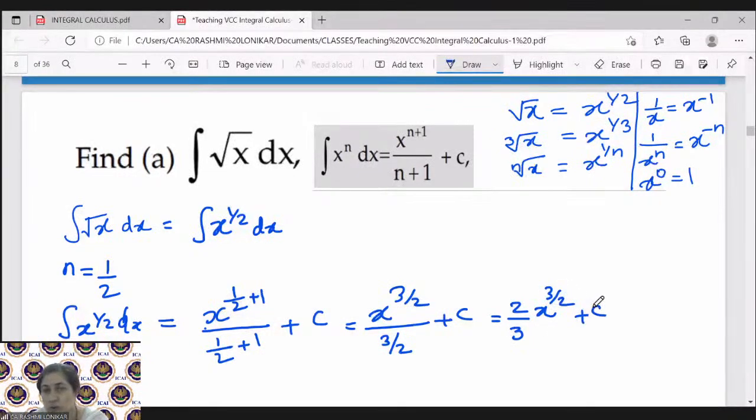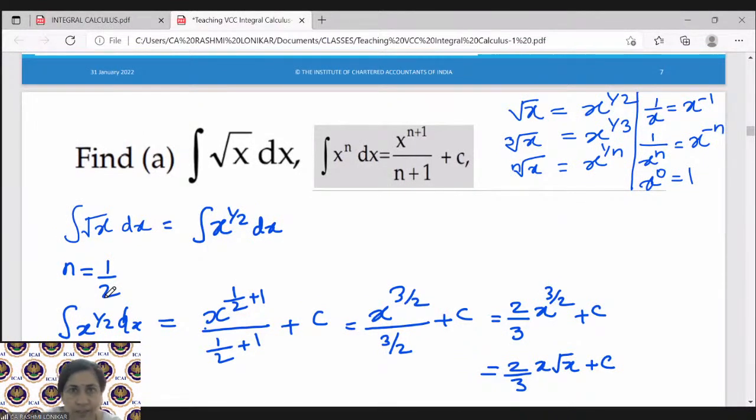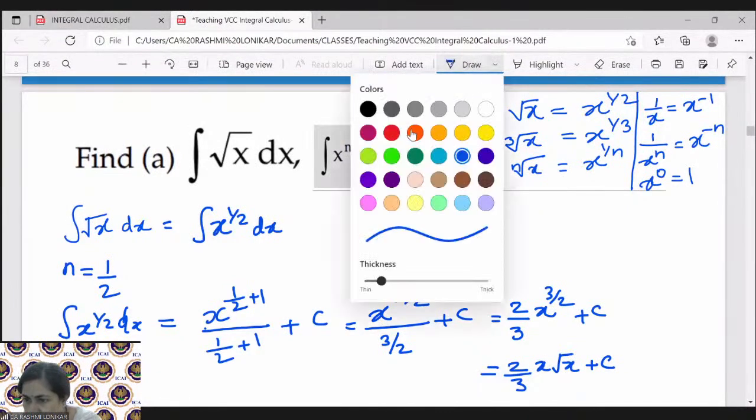You may have it in this manner, or you may write it as 2 by 3 x root x plus c. You must know that x raised to 3 by 2 can be written as x root x. I will show it to you for one example so that the concept is very clear. You must have done it in the chapter on indices, but this is just for your revision.